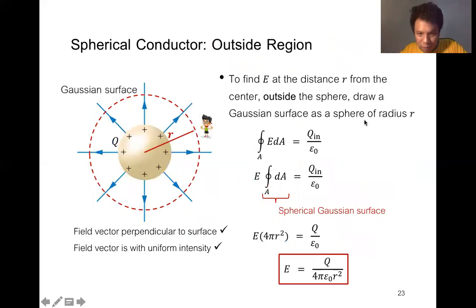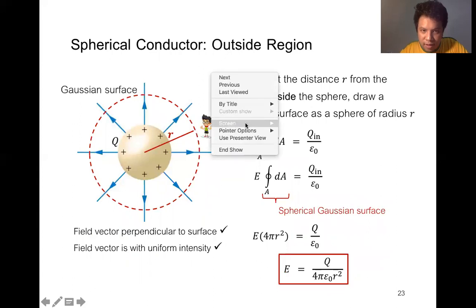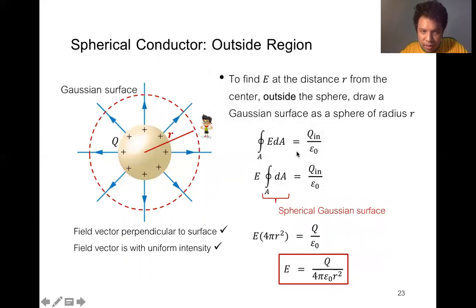For the outside region, let's consider first the outside region. I consider a spherical Gaussian surface outside. On the left-hand side of the Gauss's law equation, I have EA, and A is 4 pi r squared.